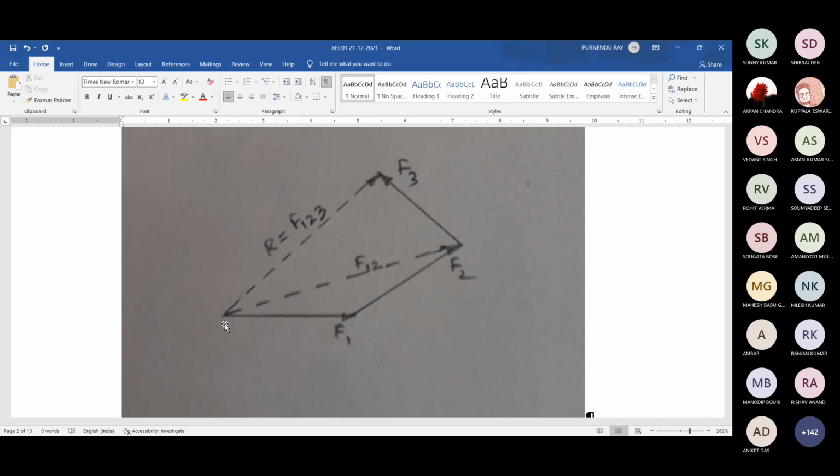So that is the primary condition: there should not be any gap between the first point of the first vector and the last point of the last vector. Then the resultant force is equal to 0. That is the primary condition for equilibrium.